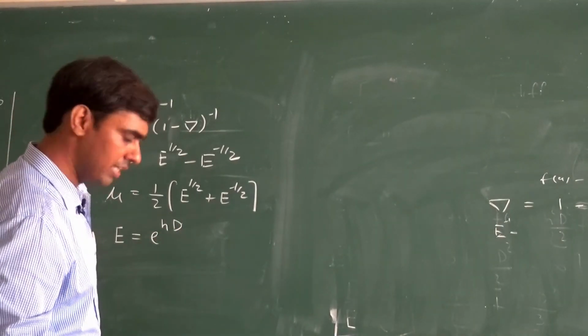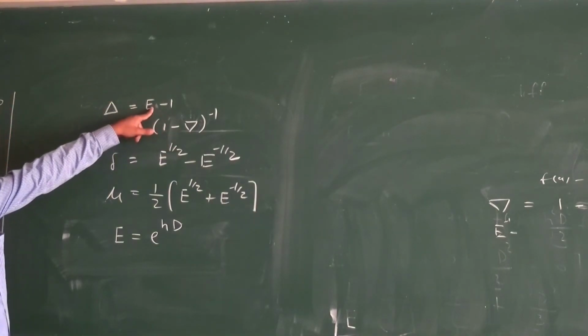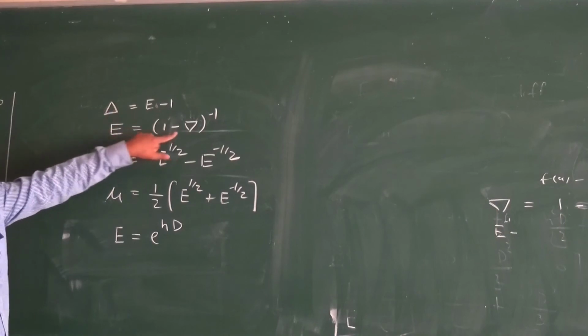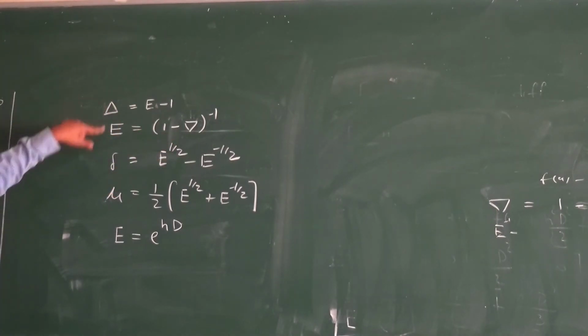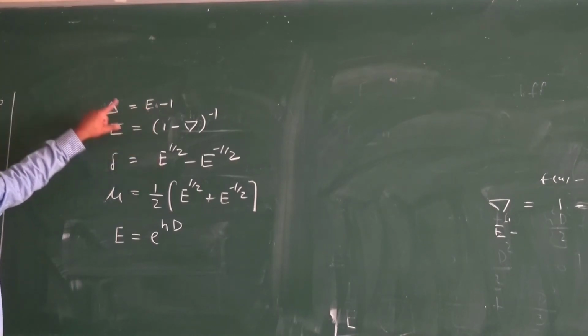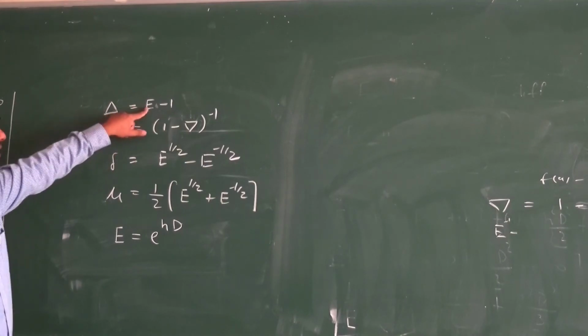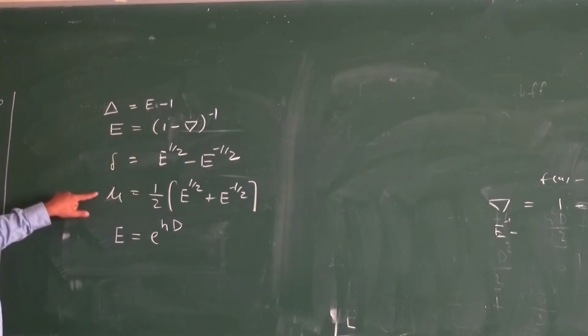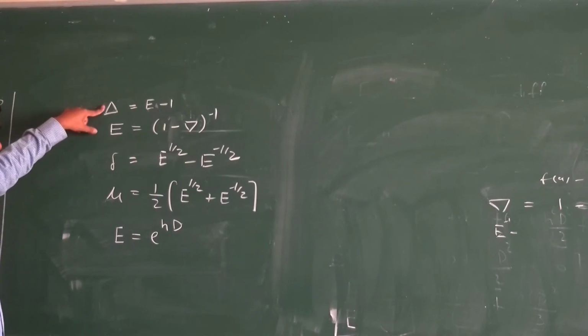So, how do we find the relation between forward and backward? Simply we put the value of E from here to here, then we find the relation between forward and backward. If we try to find the relation between forward and central, just put the value of E here, then we are able to find it. Put the value of E here, then we are able to find the relation between the average operator and forward.